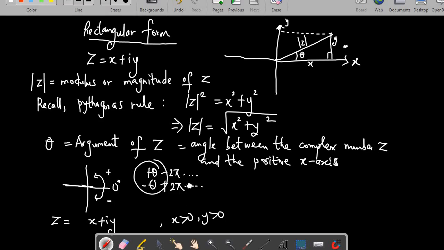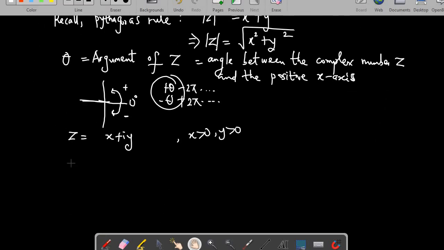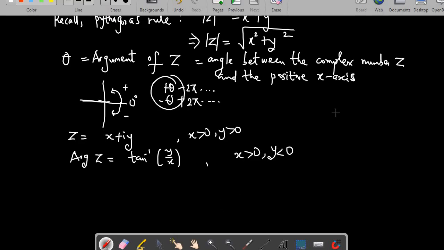The argument of that complex number z will be arctan of y over x. Similarly, if x is greater than 0 and y is less than 0, that is, in the fourth quadrant, they will have the same argument, simply arctan of y over x.